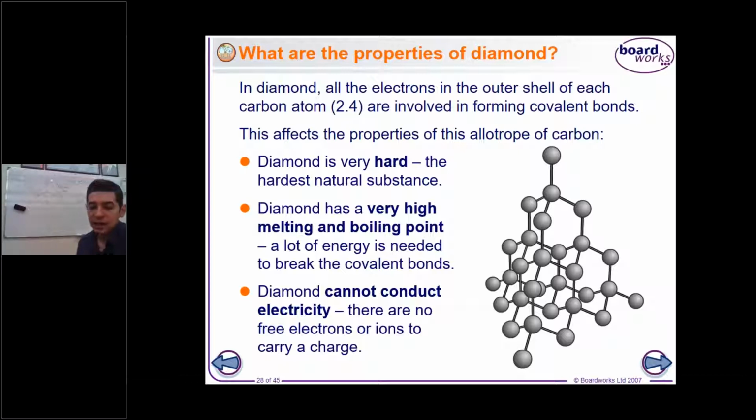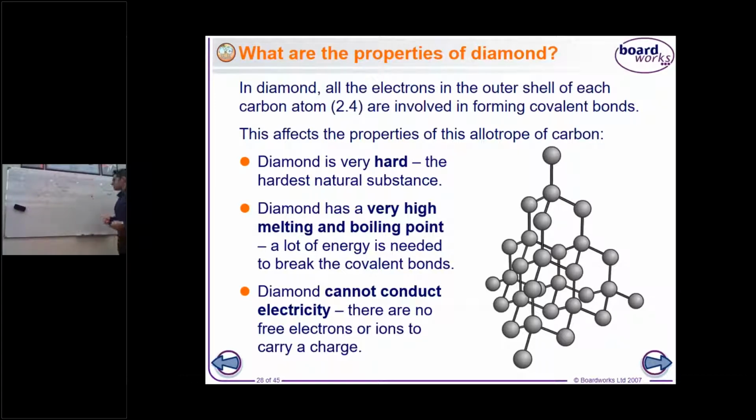Last thing, diamond cannot conduct electricity. Why can it not conduct electricity? If you remember from the ionic bond, we said that if any substance wants to conduct electricity, it needs one of 2 things: freely moving ions or delocalized or free electrons. It is not an ionic compound. We don't have any ions here, so we will not talk about freely moving ions, but it is a giant structure, and we will have to talk about electrons. But does diamond have any free electrons here?